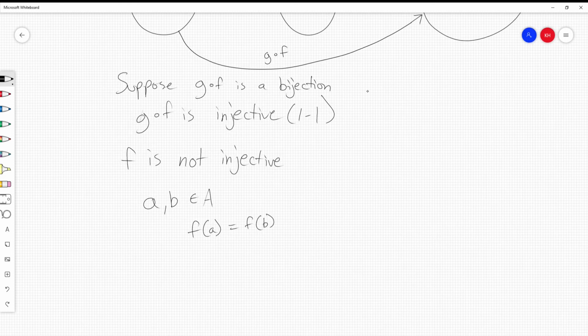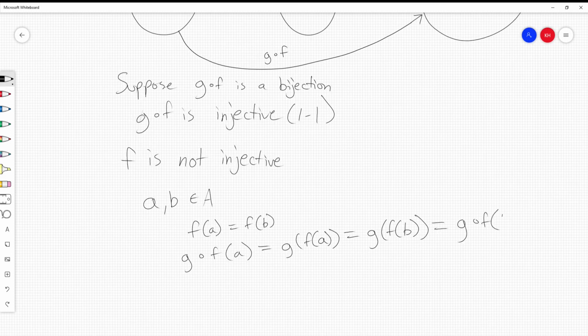So if we plug it into g composed of f of A, this is going to be equal to g of f of A, which we're able to swap out for g of f of B, which if you want to write it out even a bit more, is g composed of f of B. All right.